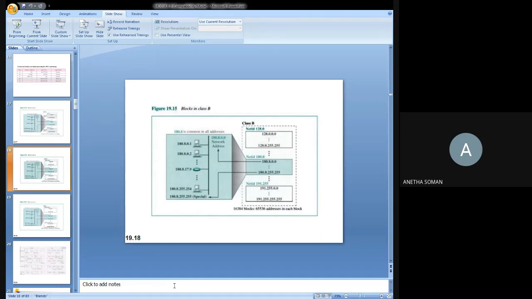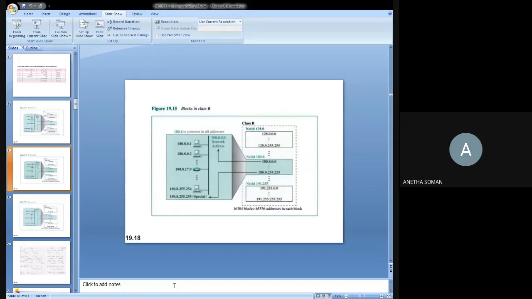Now, I have told that class B is meant for mid-size organizations. How many blocks do you have? Eliminating those 16 private blocks, you will have 16,368 blocks. So the total number of organizations that can have a class B address is 16,368, and each organization can be provided with 65,536 addresses.